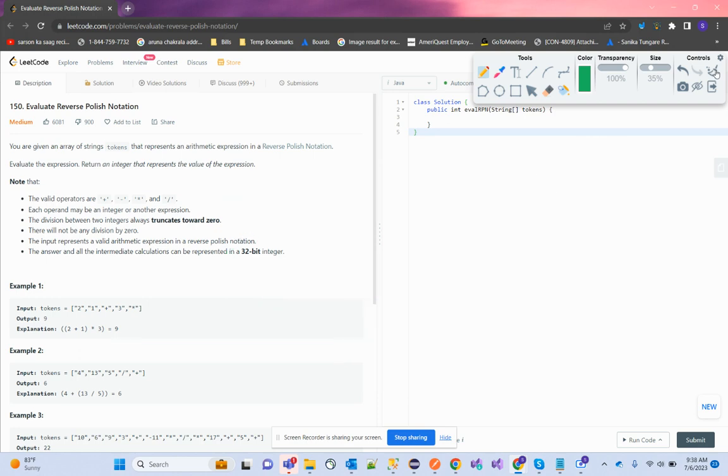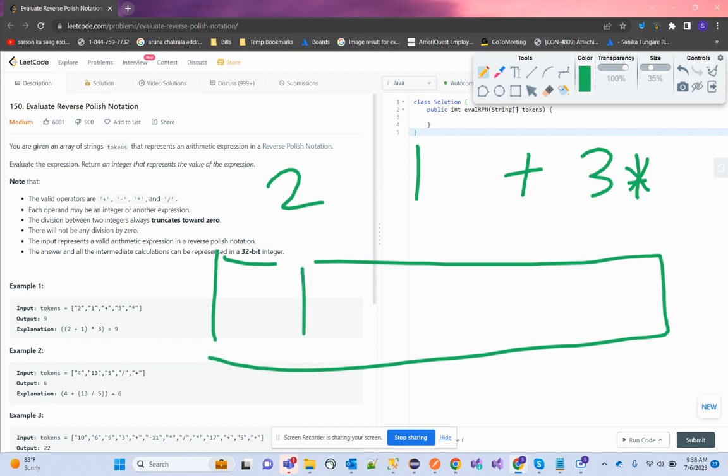One data structure we can use for this is the stack. In this example, 2, 1, plus, 3, multiplication, I'll maintain a stack over here, and in the stack I'm going to add 2.